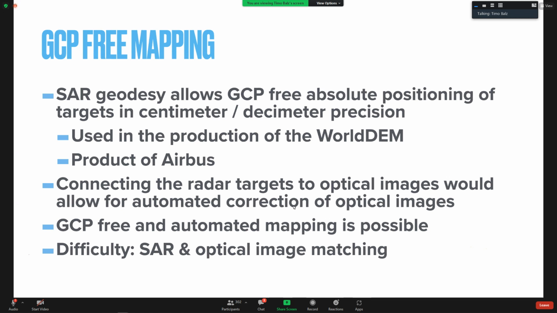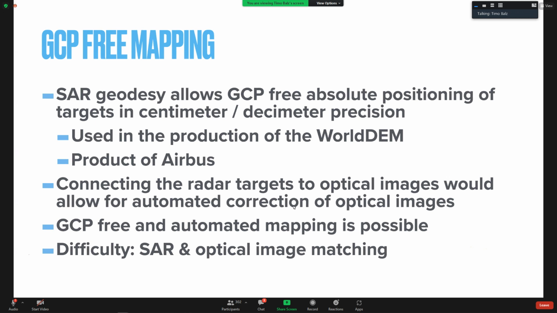So now you have your good ground control points in centimeter accuracy of North Korea, and now you can use them if you manage to match them to an optical image, right? If you have them, you can link your ground control point detected in SAR with an optical image. Now you can automatically correct a large number of optical images, and now they're able to have ground control point free and fully automated mapping, right?